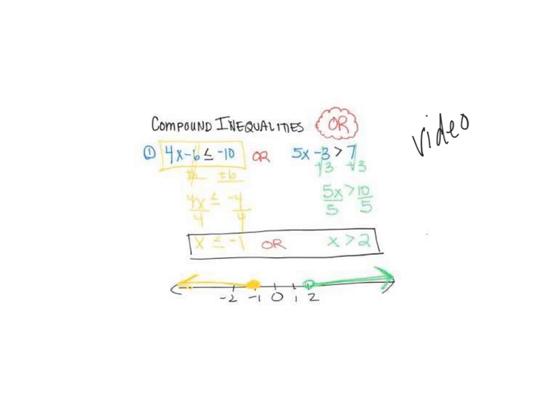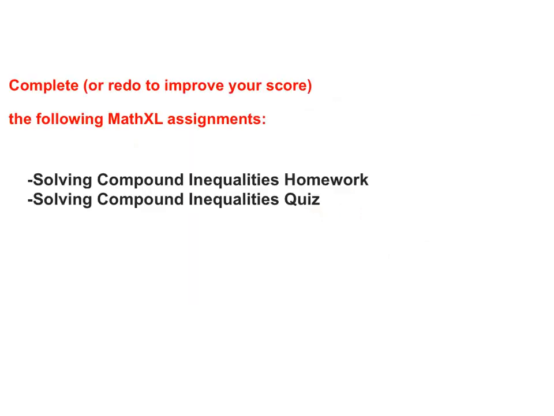In addition to this real quick little review, keep in mind that on our last module, there were the complete notes for compound inequality, so you might want to go back and review those. When you are finished with that review, I'd like you to go back to Math Excel.